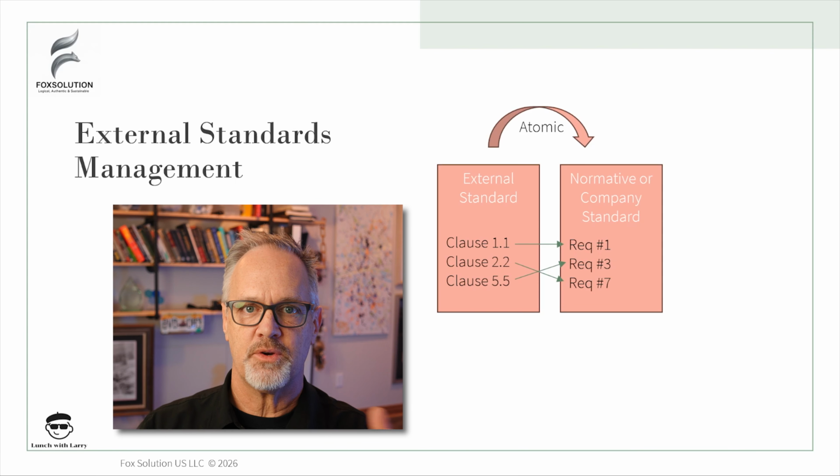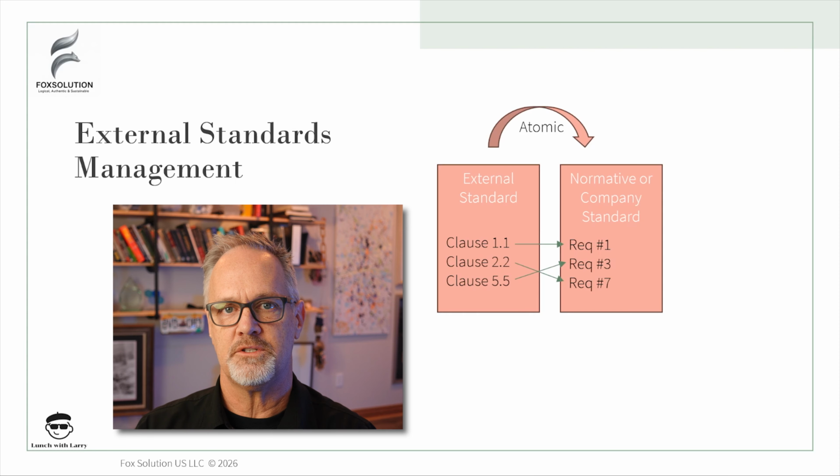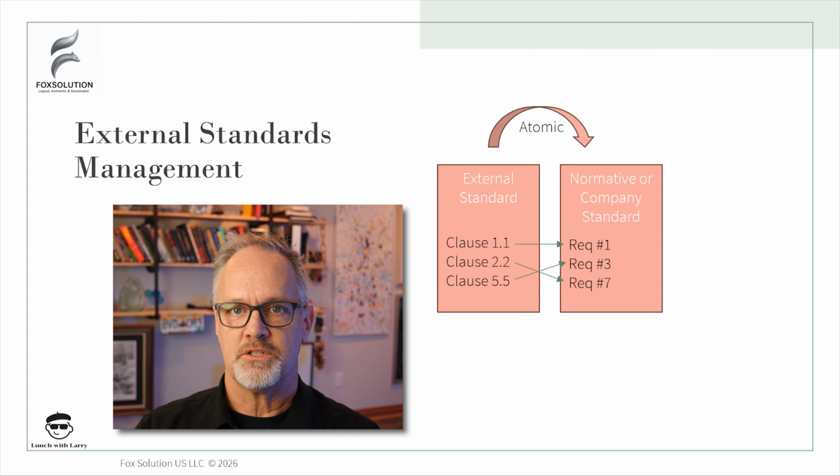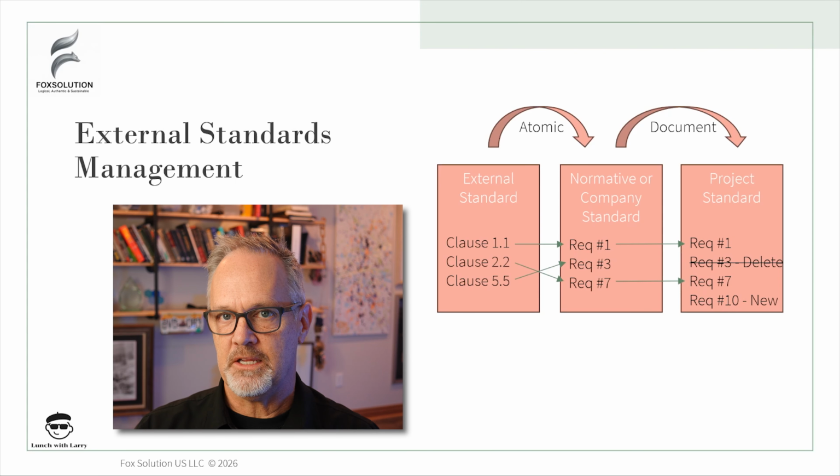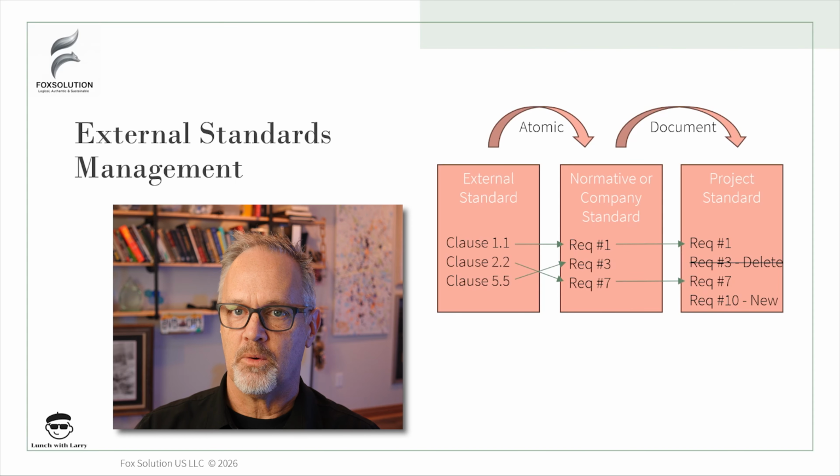So we have this atomic traceability between the clause and the requirements to show how this type of product is going to show compliance to that particular standard. So once we do that and we have the internal library, we share that as a document down to the project, and then we make whatever changes we need to at the project level, trace those requirements into test cases, and have the test evidence.